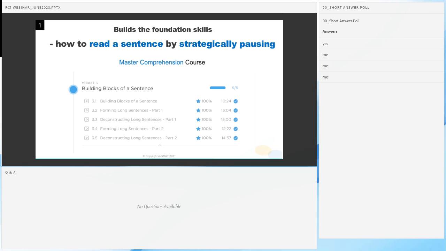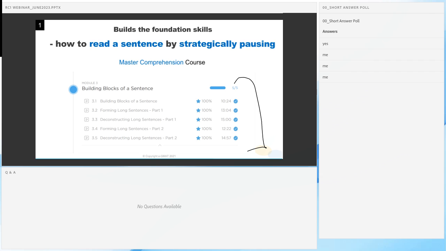Okay. How do you do that? Start with learning how to read a sentence. That's where you go through the master comprehension course. A lot of people just skim through this because they feel it's really, really simple. Okay. I go back to this course again and again because every time I go back to this, I learn something more. I learn why I made a mistake.